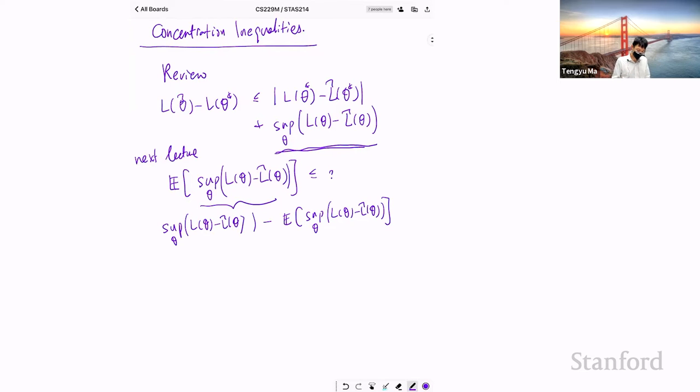Today we're going to have some tools that prepare us for proving quantities like this, so that next time we don't have to have a small section dealing with the tool in the middle. So I'm trying to prepare us with the right tool for the next lecture.